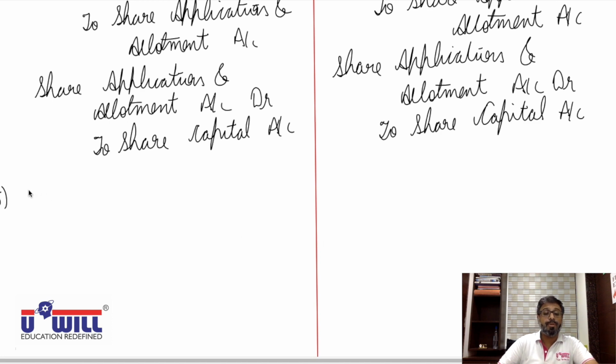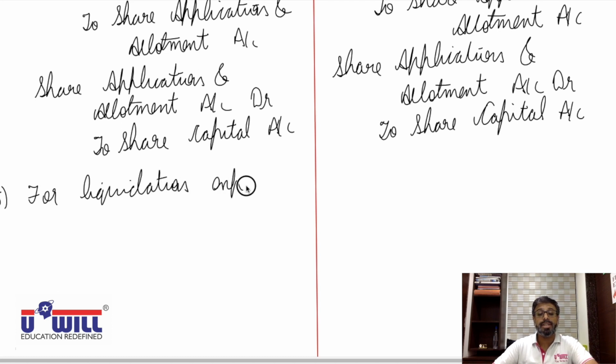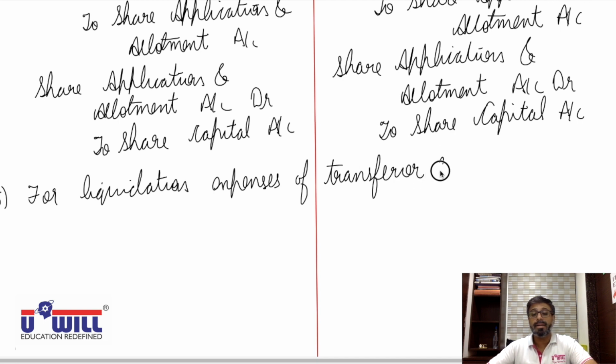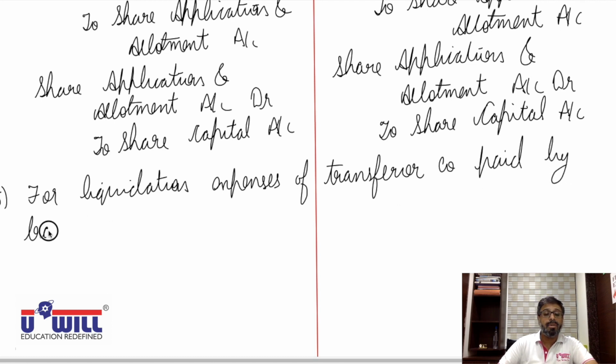Now the fifth entry is for liquidation expenses of, now which company is going into liquidation actually? Transferor company. Liquidation expenses of transferor company, but paid by transferee company. We are looking at entries in the books of the transferee company.